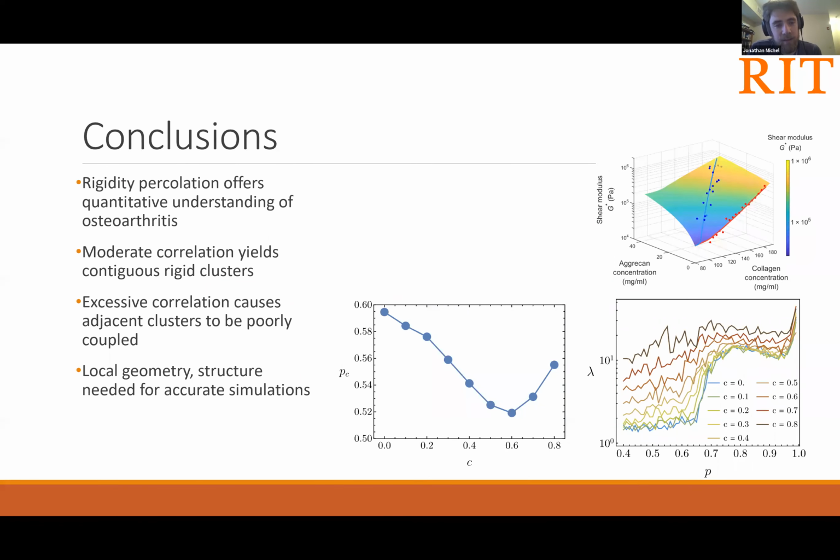So in concluding, I want to note, first of all, that a strikingly simple model, at the March meeting I even heard it called a disturbingly simple model, nonetheless offers striking predictive power in relating the shear response of cartilage to the concentrations of its individual constituents.